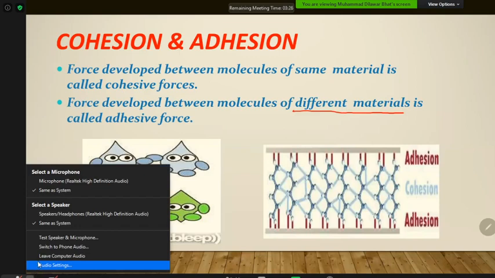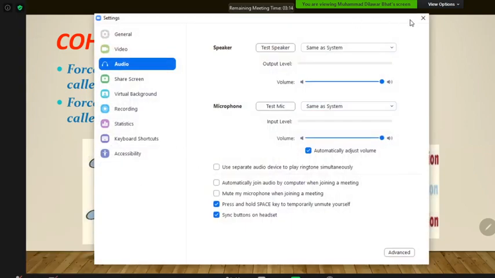We use adhesive forces, we use adhesion agents. By those adhesion agents, two different types of molecules or two different types of material get attached to each other.